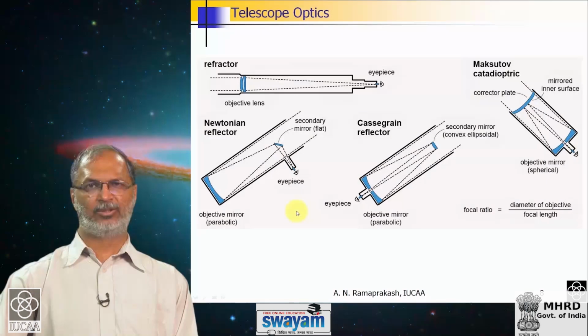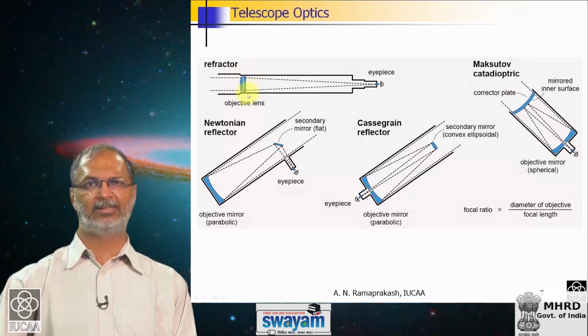Now, there are many ways in which you can construct a telescope. I showed in an earlier slide that a telescope is just represented by a lens. So, here is a telescope where it is actually a lens, the rays are focused by the lens, and you put the eye behind an eyepiece, so that you can see objects in the sky.